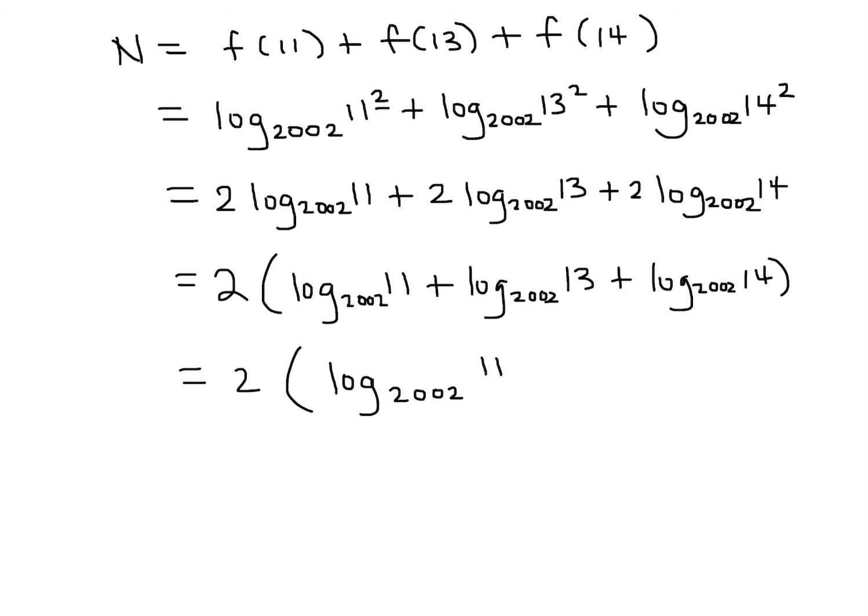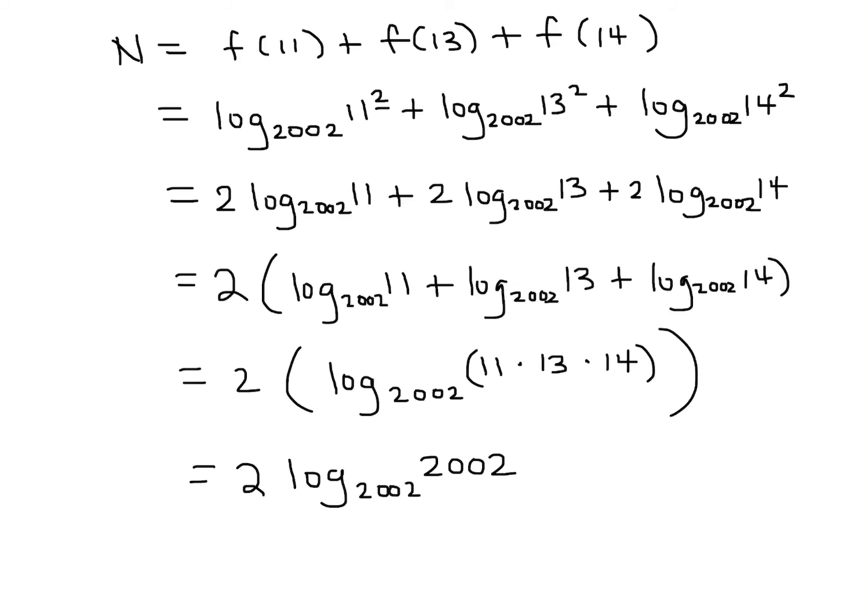It will be just 11 times 13 times 14, like that. Okay? So this becomes log of 11 times 13 times 14, which is 2002, to the base 2002. And we know this part, I hope you know, is equal to 1.